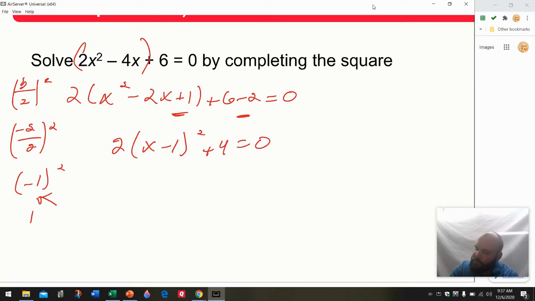We're going to move the 4 to the other side. And then we're going to divide by 2. Then I'm going to take the square root, which then you should be able to recognize is going to create an imaginary solution.